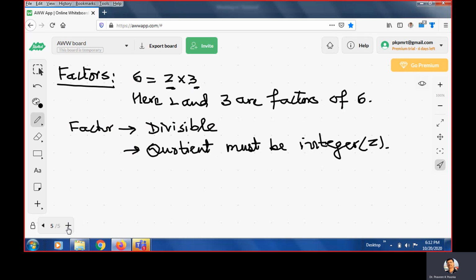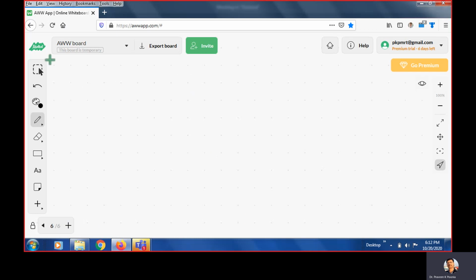Let us look here. I will explain. If we try to find the factors of 6, we will start with 1. We are talking about all possible factors. 6 divided by 1 is 6.